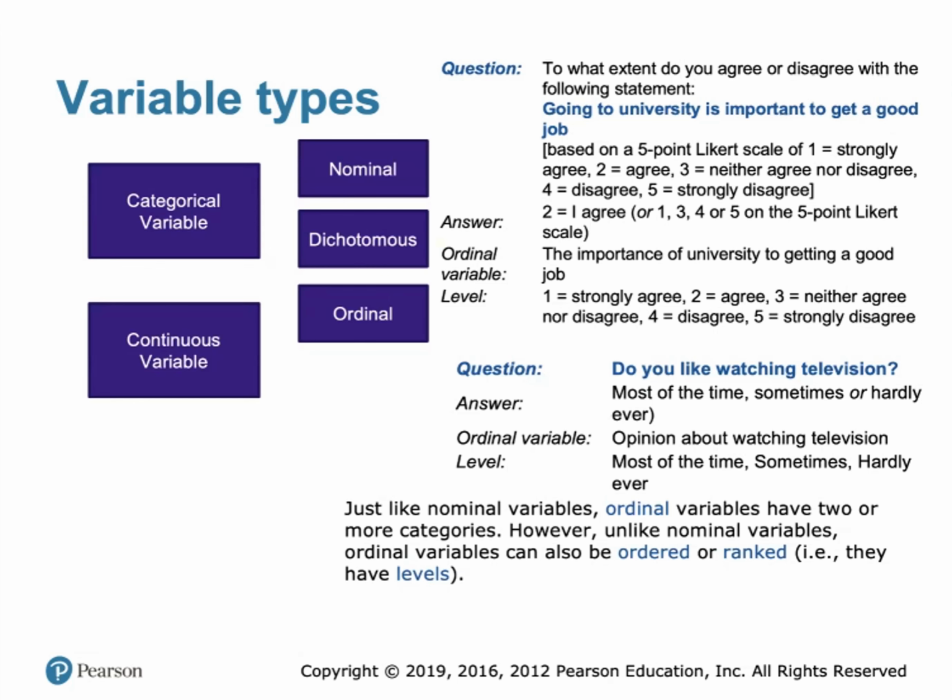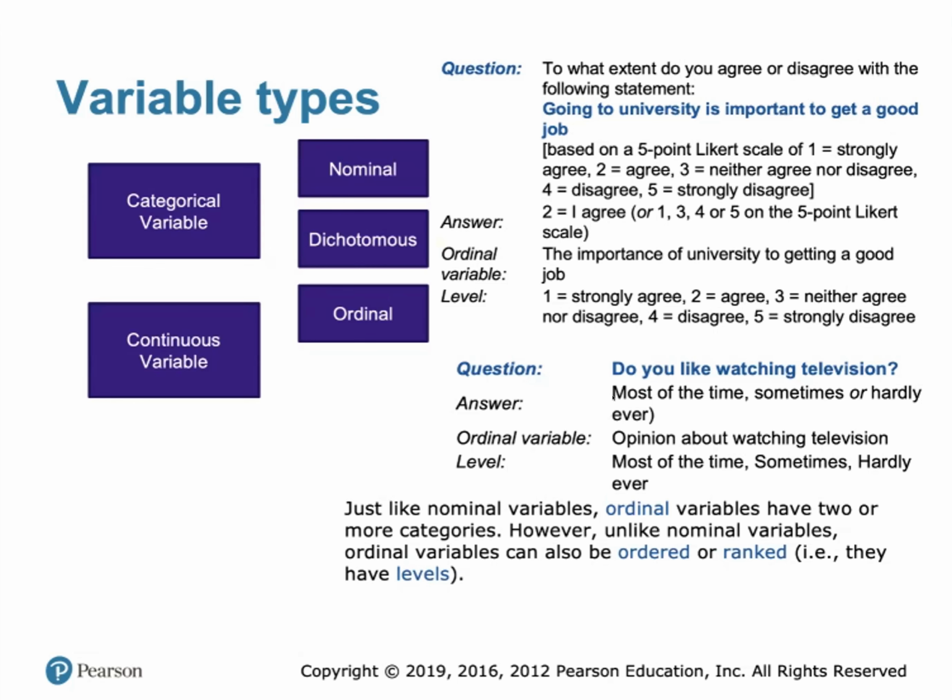So it is a 5-point Likert scale. 1, strongly agree. 2, agree. 3, neither agree nor disagree. 4, disagree. 5, strongly disagree, right? So there is an order, ranked. 1 is lowest, 5 is highest. That's different from nominal, because nominal has no ranking, no order, but for an ordinal variable, there is order.